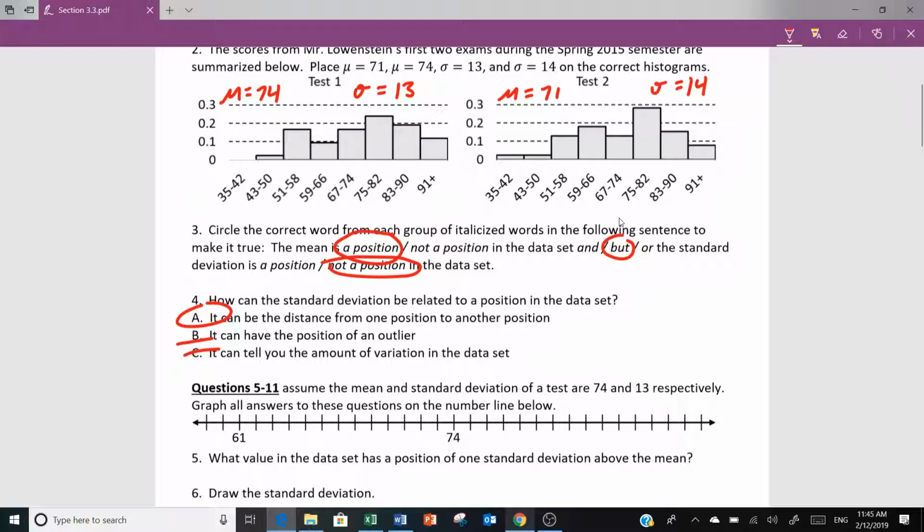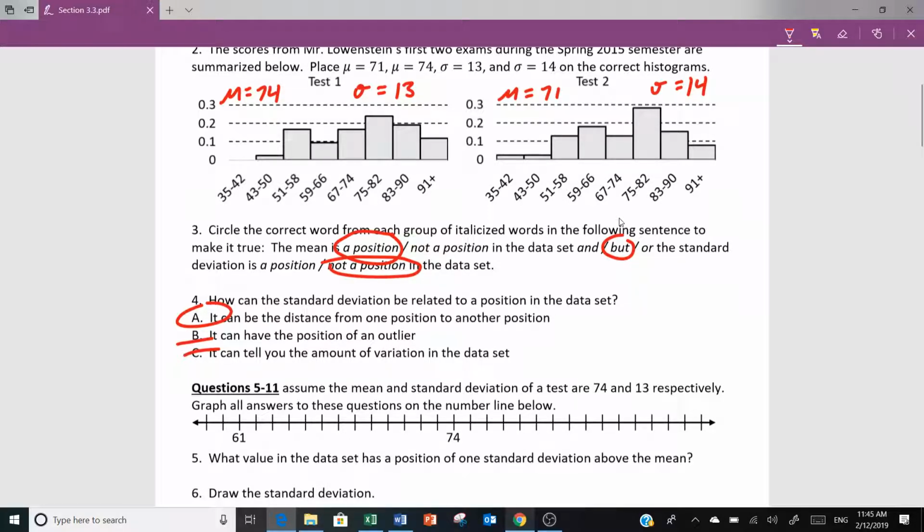In number 5, it says what value in the data set has a position of 1 standard deviation above the mean. So basically, we're taking the mean and we're going to use the standard deviation as a distance to figure out what value has a position of 1 standard deviation above. So let's go ahead and see if we can label what that value is on the data set. Number 5.